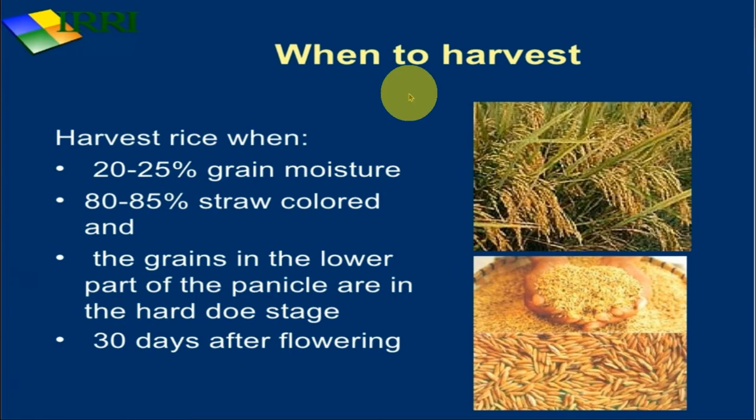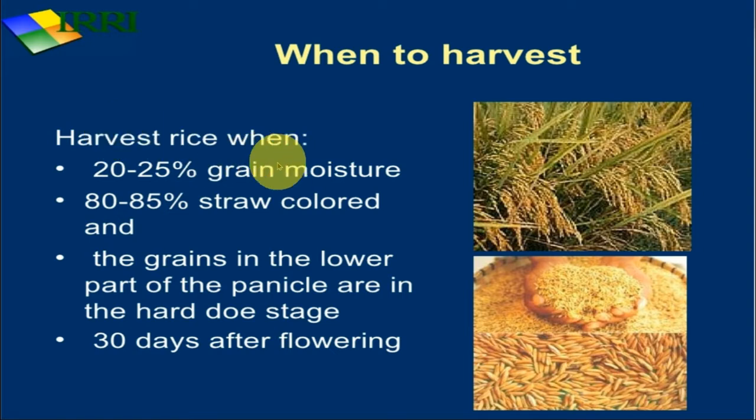We should also know when is the correct time to harvest the crop, because before the correct time the grains will not be matured, and after the optimum time the grain will start to dry, or they will be of no use.